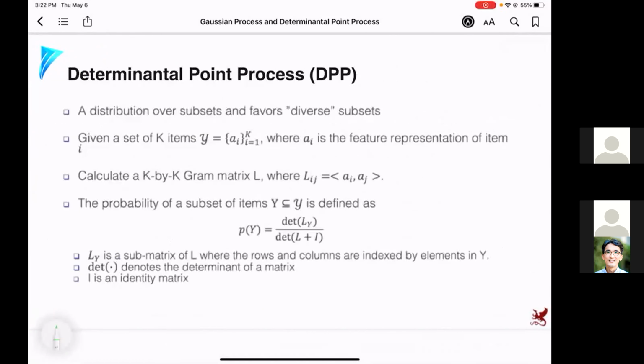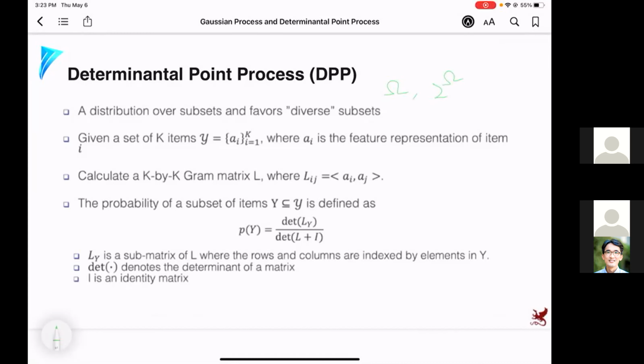The determinantal point process is a distribution defined over subsets. We can think about it like this. If we have a whole set omega, and we consider its power set 2 to the omega, then for every subset inside this power set, we will have a probability associated with it.